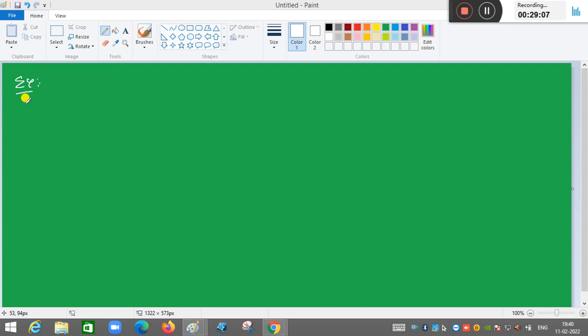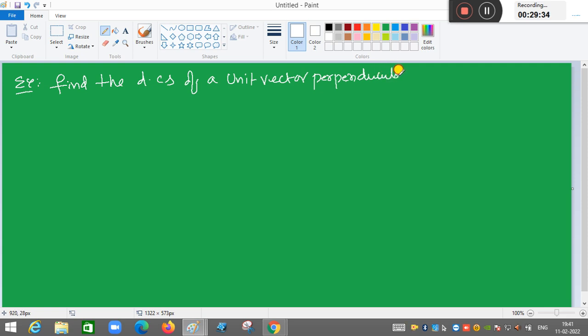Next problem: find the direction cosines of a unit vector perpendicular to the plane r bar dot (6i minus 3j minus 2k) plus 1 equal to 0.